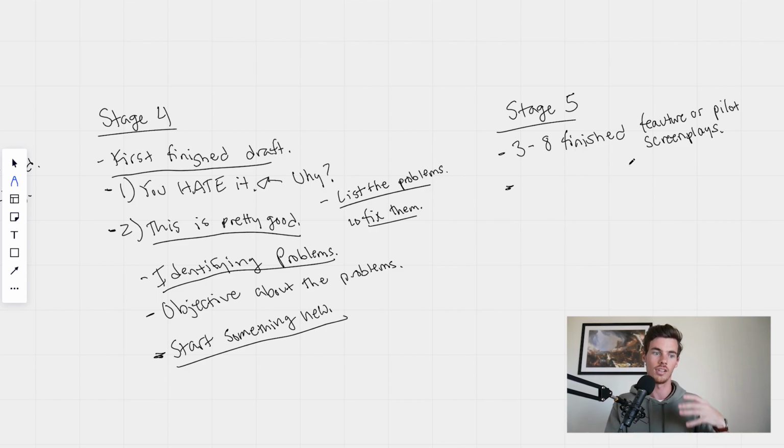That's what I mean, is that you actually got some drafts out, you've actually done some work, maybe you've done a couple rewrites on some of these stories. And now this is where you are doing a couple things. One, you can start to submit to credible competitions or festivals, this sort of thing.